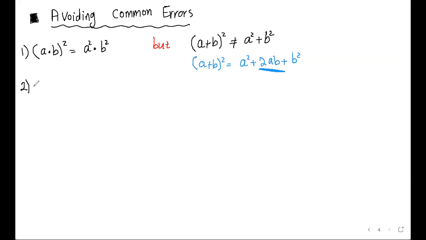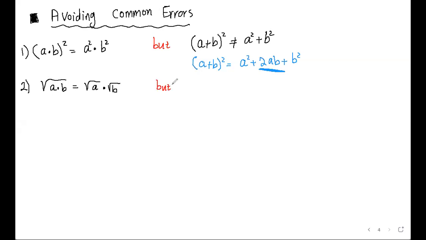Second common error. Square root of a times b. For the square root of a times b, we can separate out the square root for both of the terms inside. This is equal to square root of a times square root of b. But this is not true for addition.